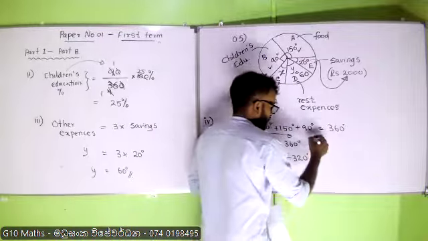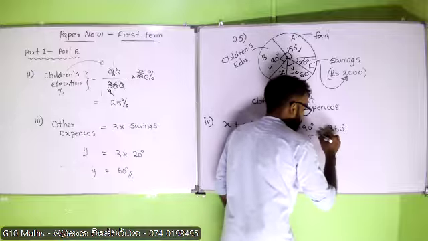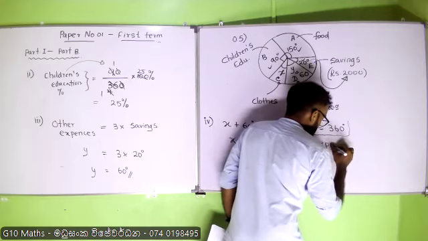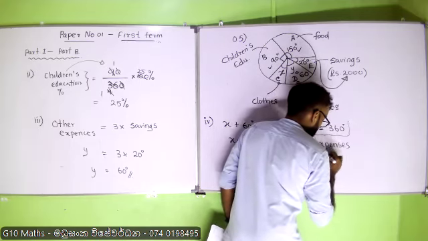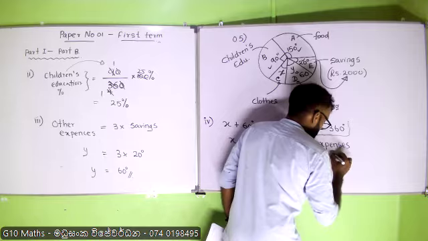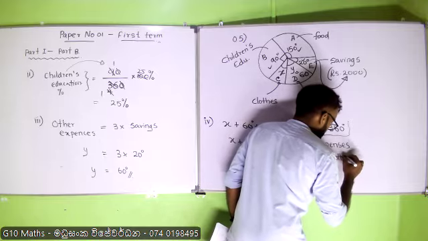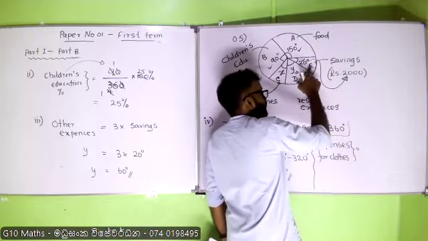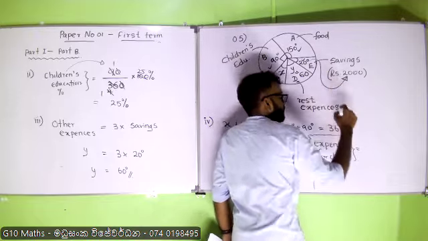Alright, I'll do it here. Expenses for clothes: 20 degrees represents 2000 rupees.